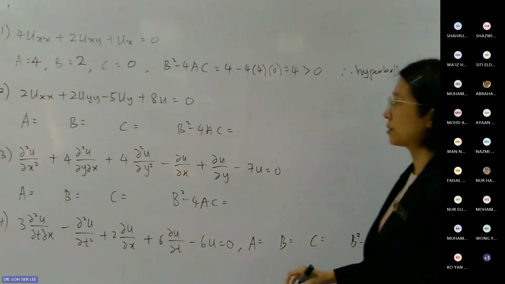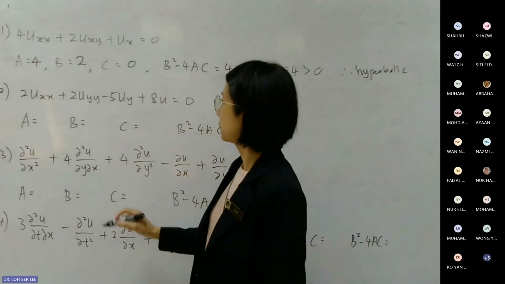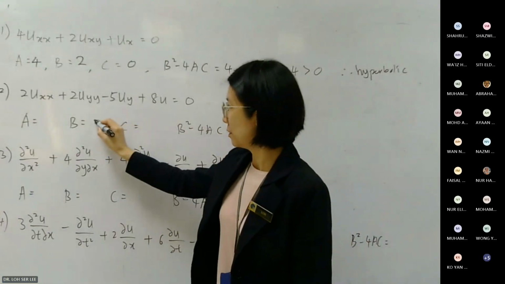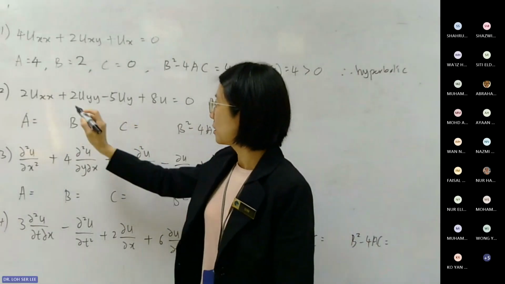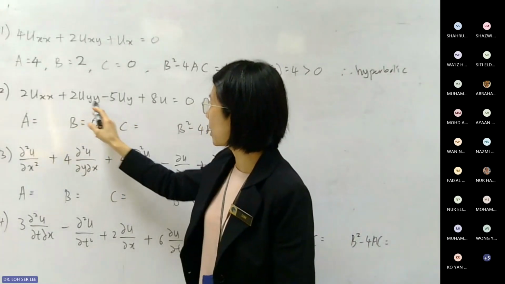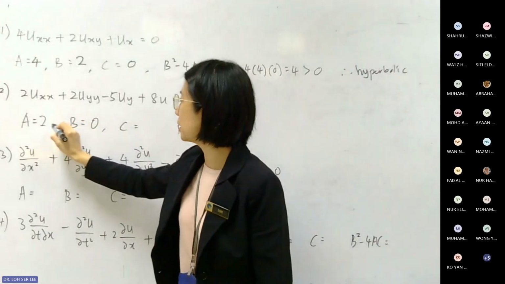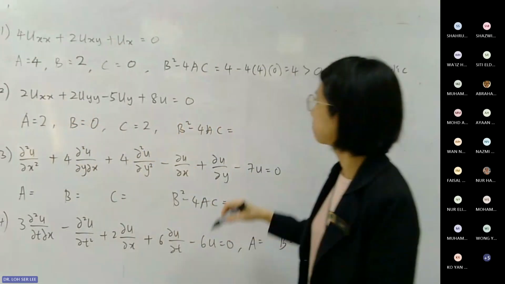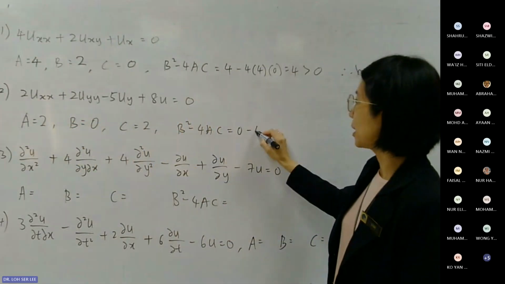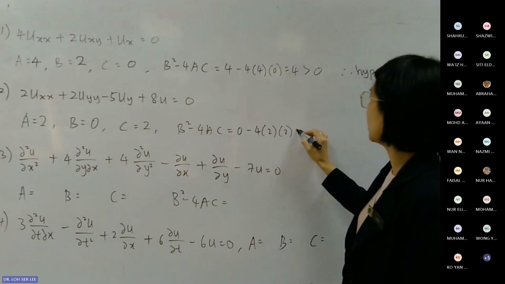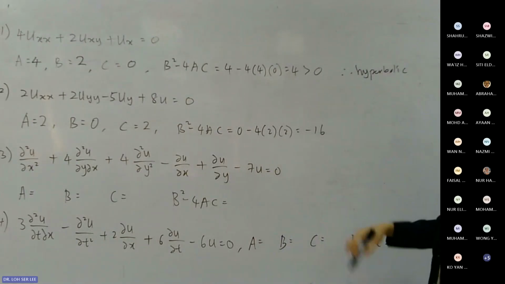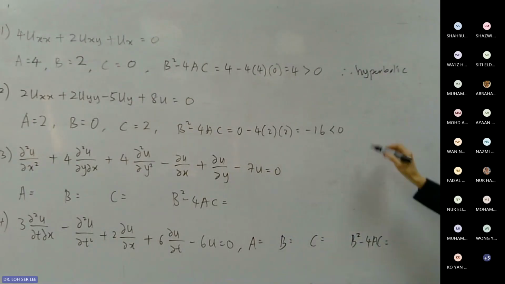Okay, number 2, what is your B? 0. These two, x, y, 2, 2, that means A is 2, C is also 2. So B squared minus 4AC is negative 16. Negative means elliptic.